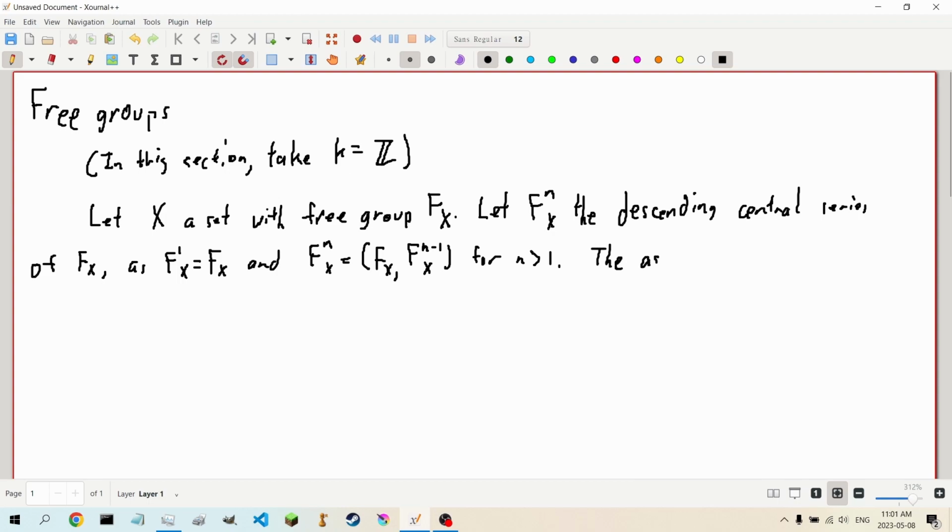The associated graded group is actually a Lie algebra, as we saw in the earlier episode.